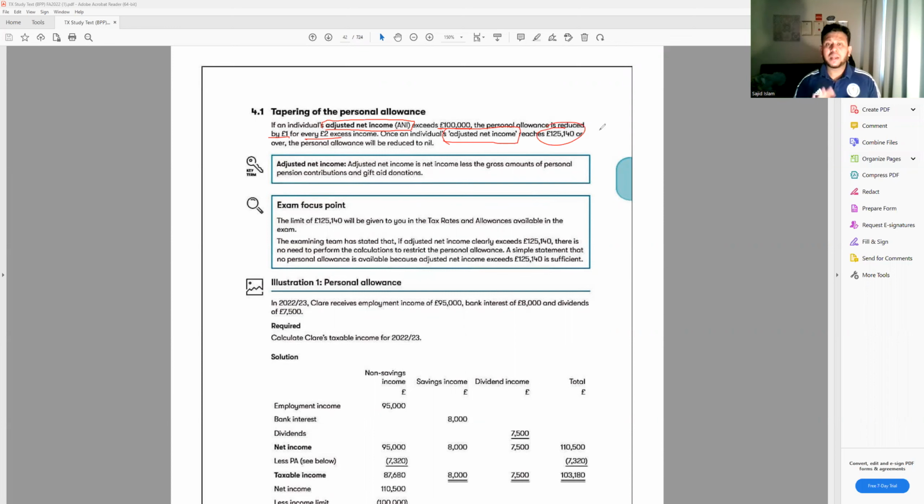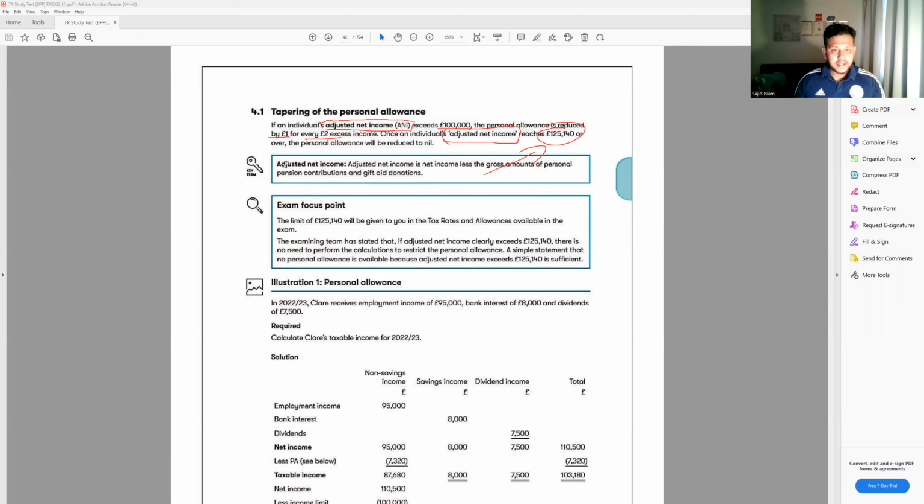So you really don't have to worry about the personal allowance. Ignore it, because this person is not entitled to it. As soon as you see the income is 130,000, ignore the personal allowance.